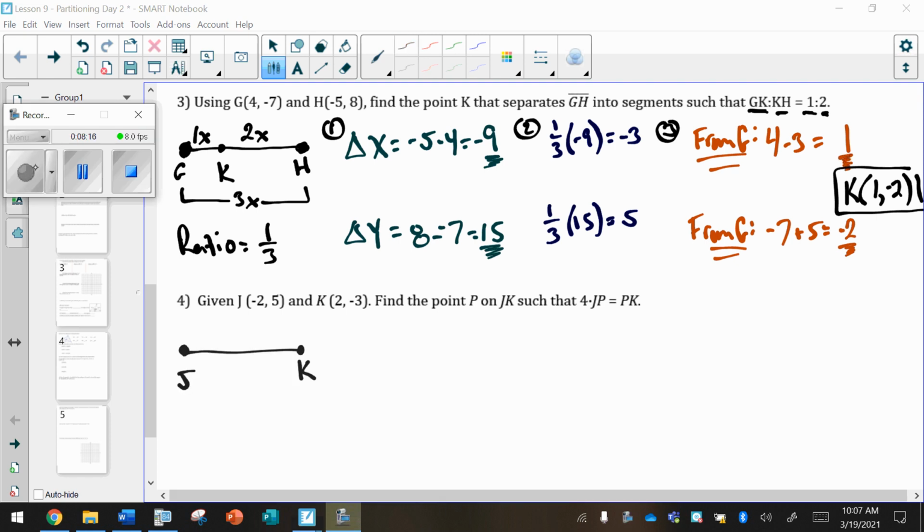Just to make sure that you're using the right numbers, we have point J, we have point K, and point P is somewhere on this segment such that 4 times JP is equal to PK. Which one's smaller?